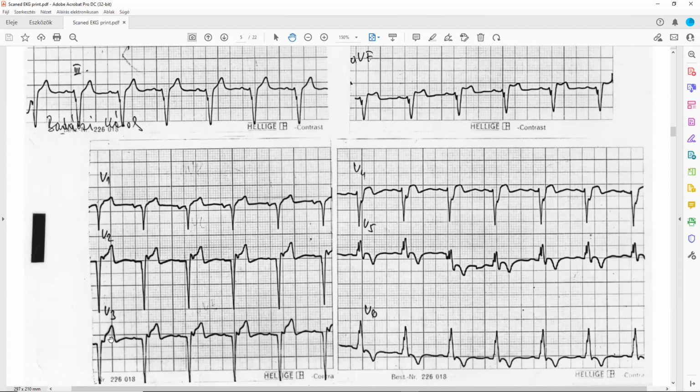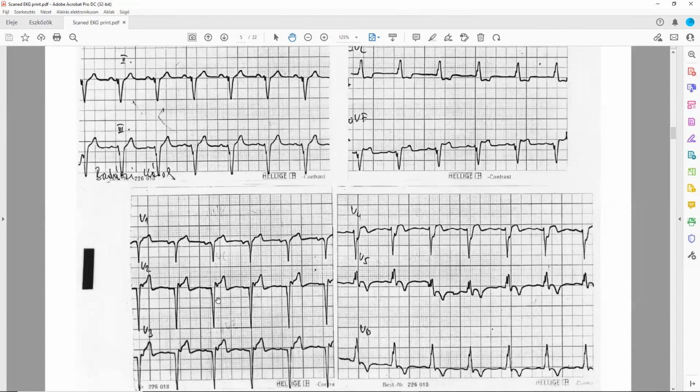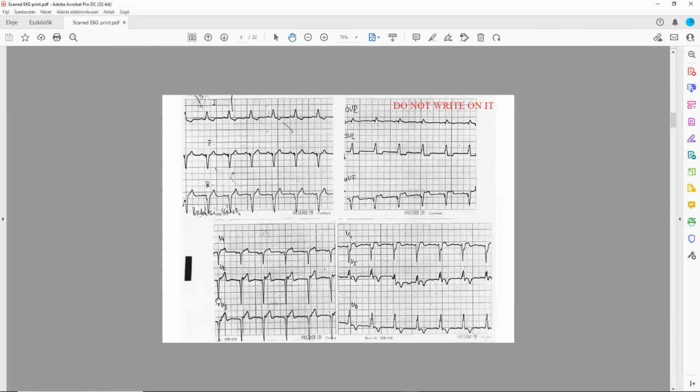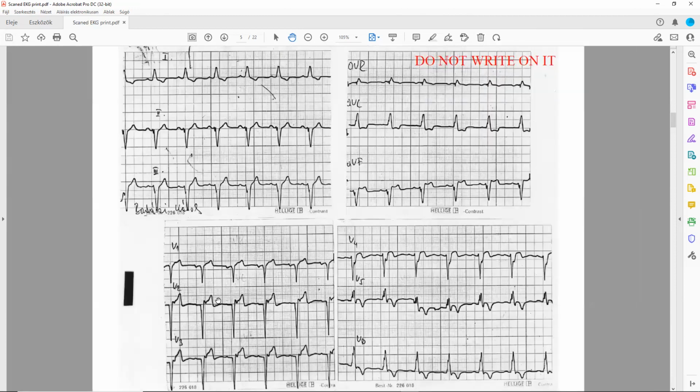Another important thing: if somebody never had left bundle branch block, and now the patient, together with angina, has left bundle branch block, you have to consider it as an MI. Additionally, if you have ST depression and T inversion, this is secondary due to left bundle branch block.